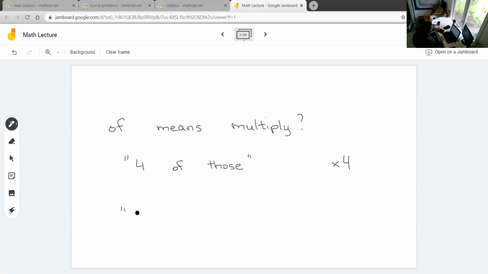Or if I have half of that, then whatever it is, it's a times 1/2. Or divided by 2 if you're thinking about that. But if I'm keeping focus on what's on the page, it's a times 1/2.